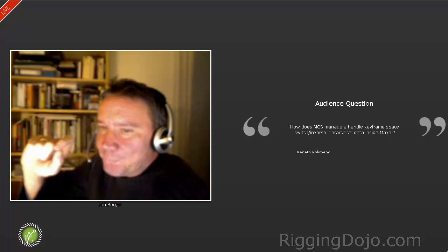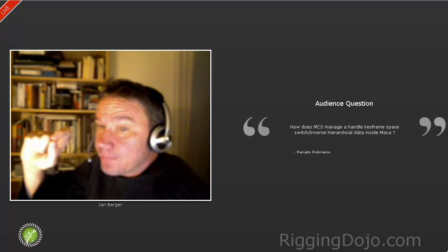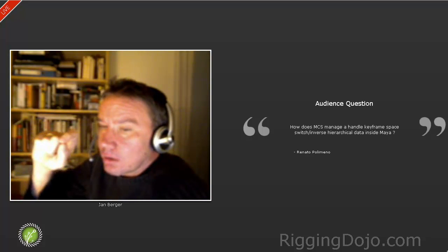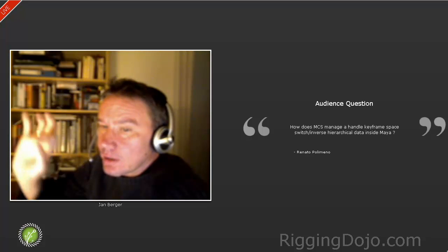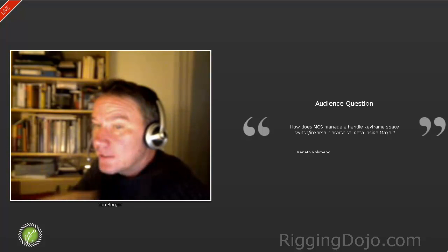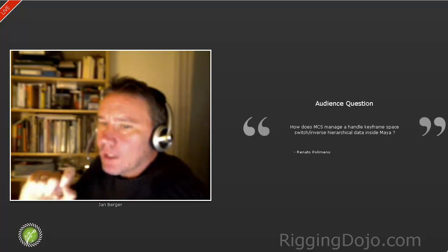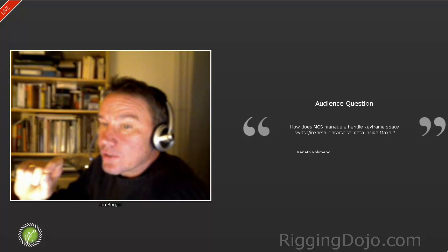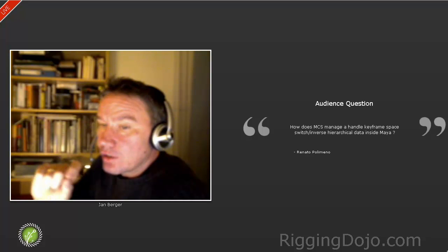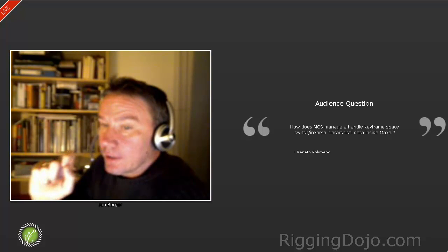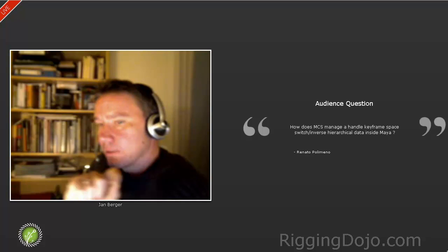The keyframes for these switches are on the handles, right? So if a user animates a switch, he sees it. If he selects the handle, he sees it in the timeline. And if he wants to edit the timing of the animation, he just needs to select the handle and then edit in the timeline.